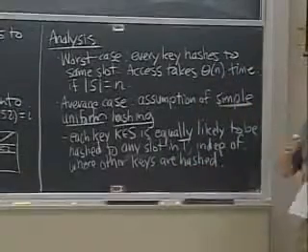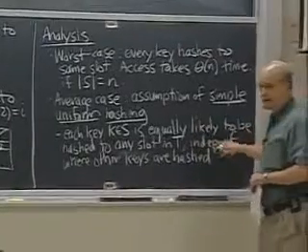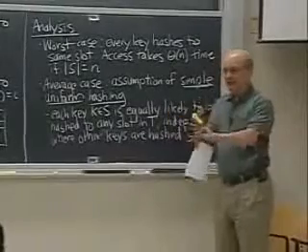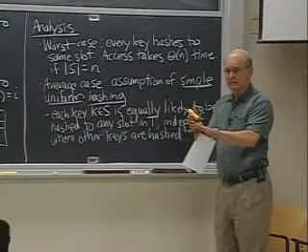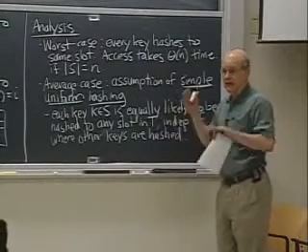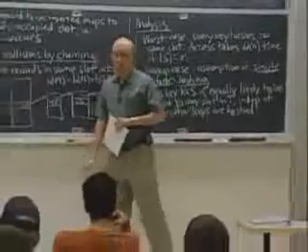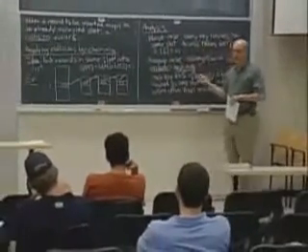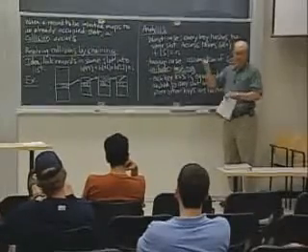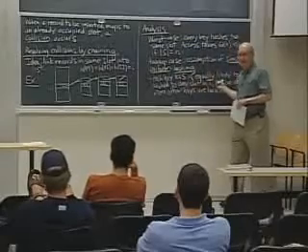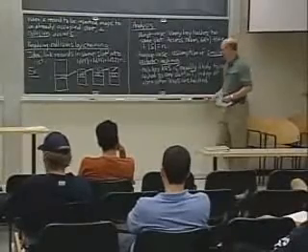So we're going to make this assumption, and it includes an independence assumption that if I have two keys, the odds that they're hashed to the same place is therefore what? What are the odds that two keys under this assumption are hashed to the same slot if I have, say, m slots? 1 over m. What are the odds that one key is hashed to slot 15? 1 over m, because they're being distributed. But the odds in particular that two keys are hashed to the same slot, 1 over m.